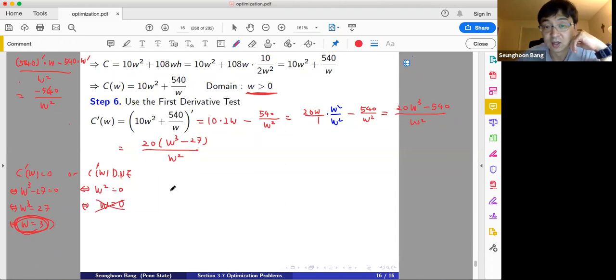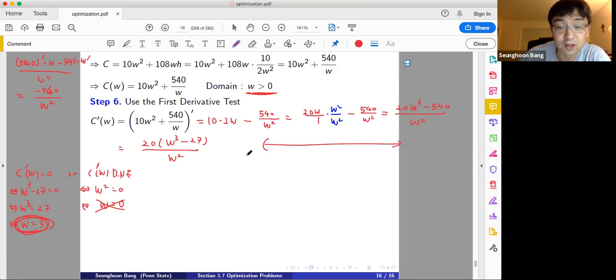Next, I can check whether W equals 3 gives the minimum cost. I can draw the domain from 0 to infinity and mark 3. We only need to check whether C prime of W is positive or negative.